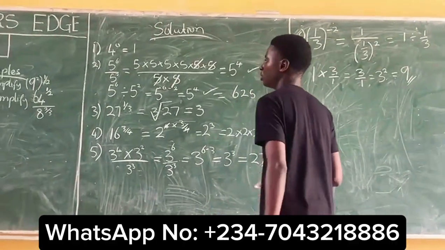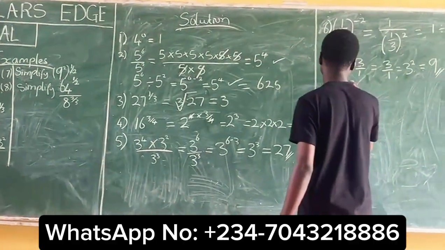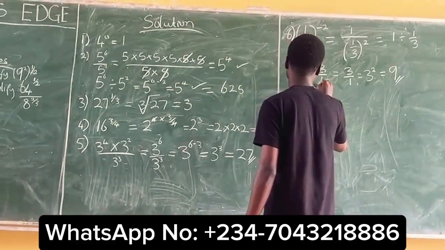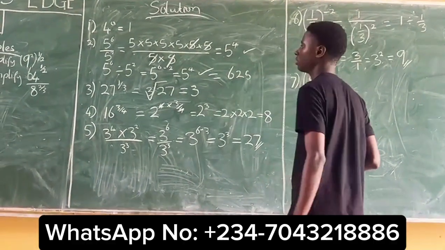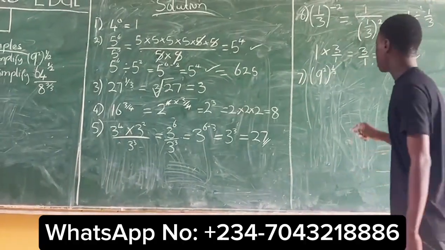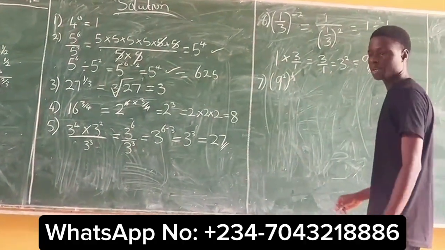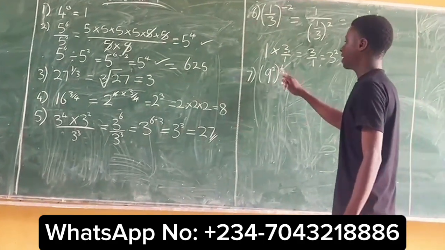Number 7 says 9 to the power of 2, all to the power of 1 over 2. So we multiply the powers.